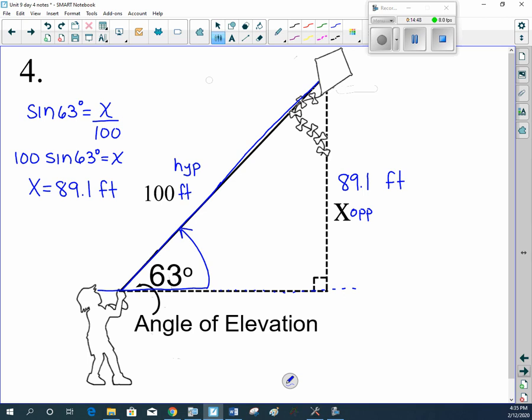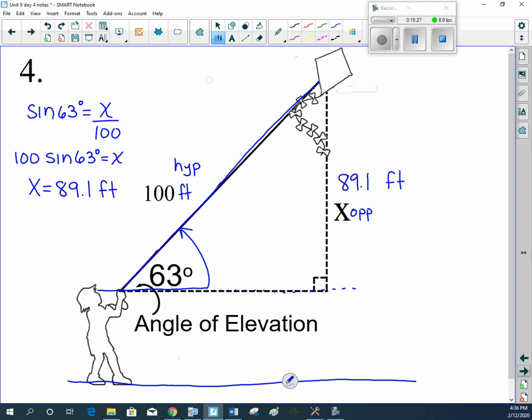Okay, so a lot of times they make the assumption that your line of sight is on the ground, and they disregard how tall the person is standing. They'll say, you're standing on the ground and you look up, and they just assume that everything is at that point. We don't take into account how tall somebody is. But if you did have to take that into account, if the question said something like, how high off the ground is the kite in the vertical direction, what you would need to know is how high this kid is holding the kite string above the ground.